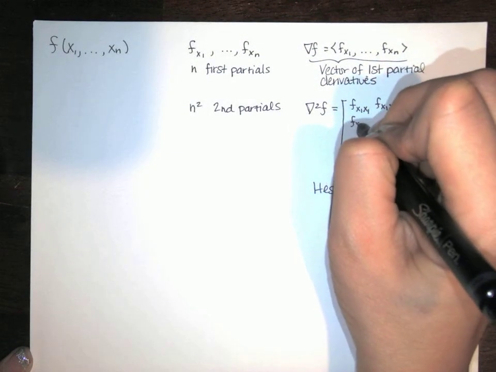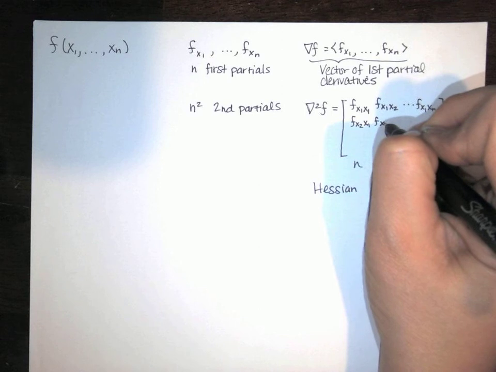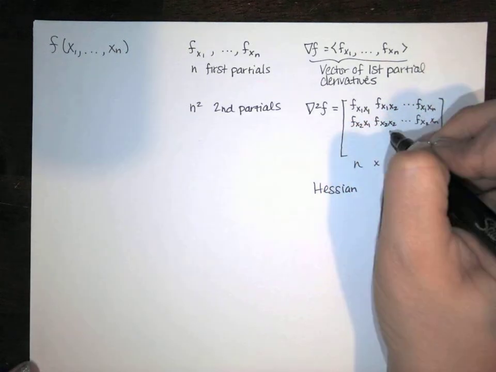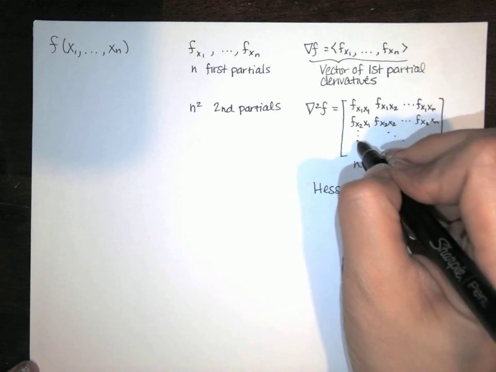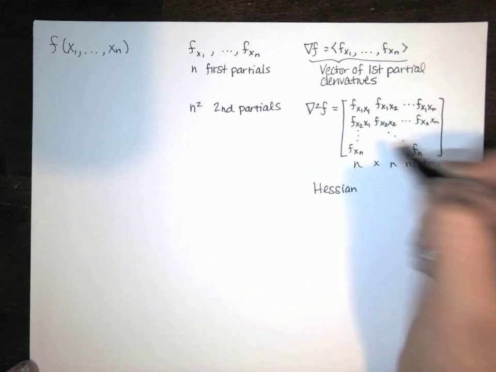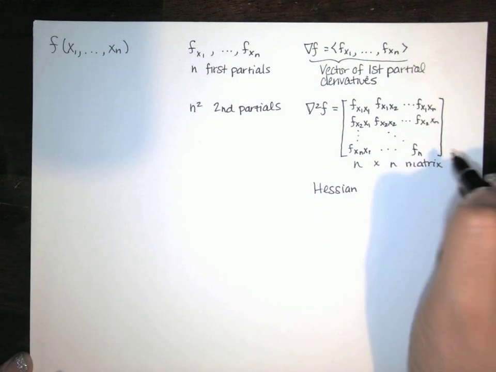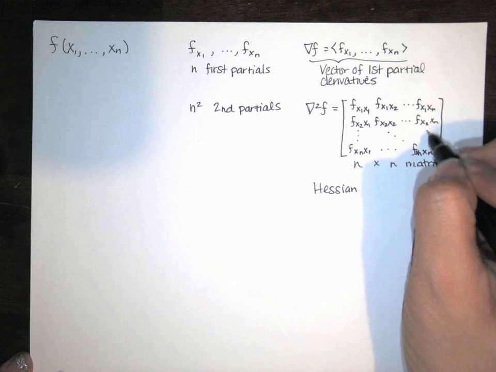Then you take the derivative with respect to x2, and then x1, and then x2, and then x2, and then x2, and then xn. And you keep going like this until you end up with n rows. Take the partial with respect to x sub n, and then x sub 1. And eventually you have the partial with respect to x sub n and x sub n.